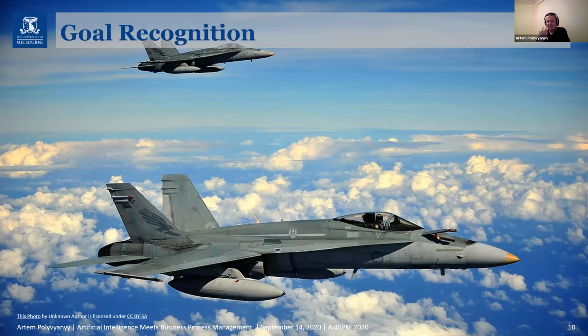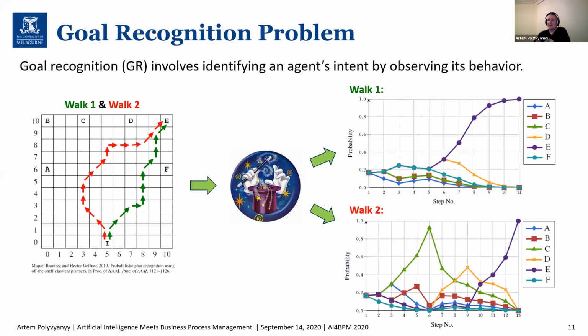Based on these suggestions of what others are trying to achieve, the pilot should be able to make a decision about how he himself should act in that situation. Should he attack? Should he continue patrolling the area? Go away? Etc.